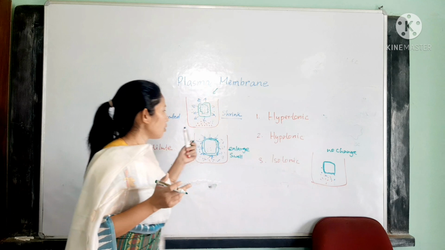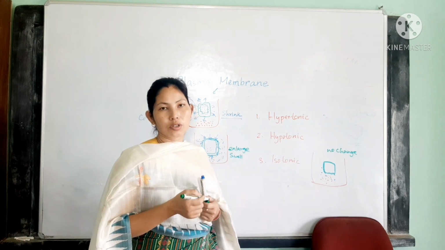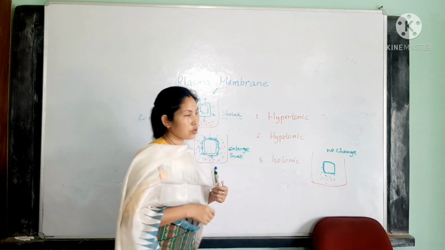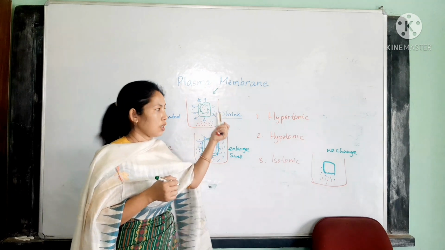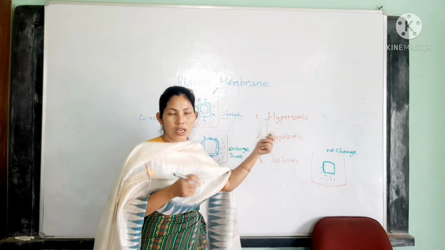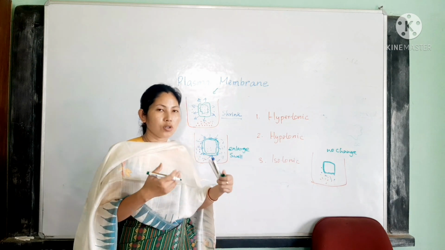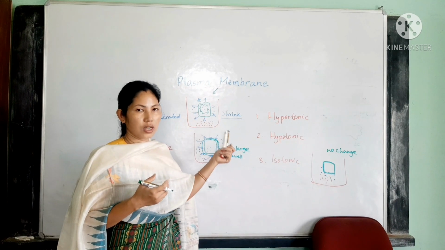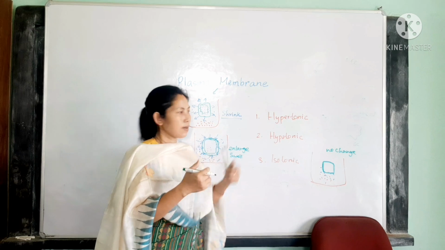So in this way, we can understand osmosis by considering three different solutions: hypertonic, hypotonic and isotonic. In the first case, the cell will shrink in a hypertonic solution, as it is more concentrated with less water, so water inside the cell will come out and the cell will reduce its size.